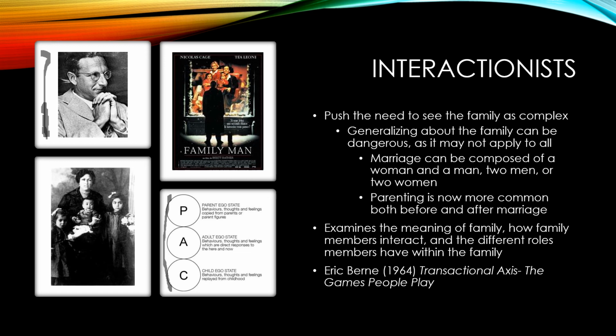So from the child state, you'd be more curious and creative, playful, and spontaneous, whereas within the parent state, you're trying to keep yourself safe, be calm, nurturing, and supportive. And then in the adult state, you're more rational, reasonable, logical, independent, not threatening.